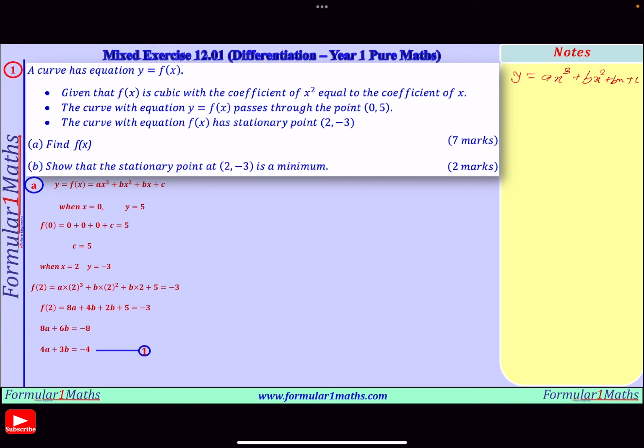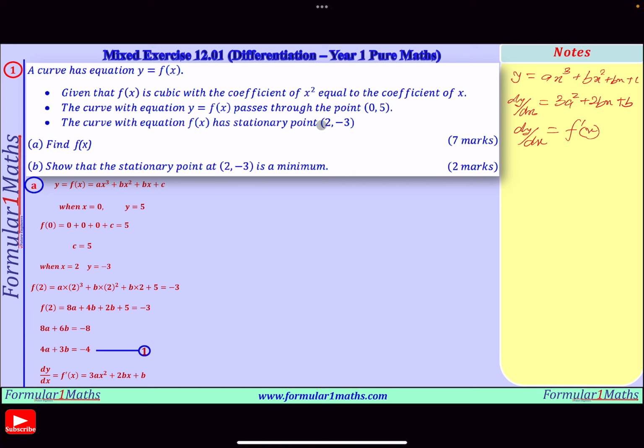If I differentiate that, I'll get dy/dx is equal to 3ax squared plus 2bx plus b. Please note that dy/dx can also be written as f dash of x.